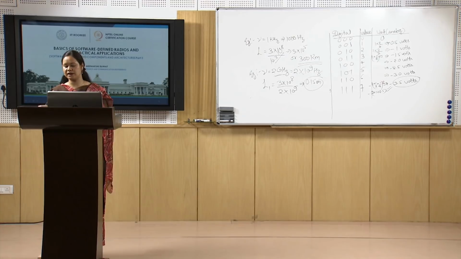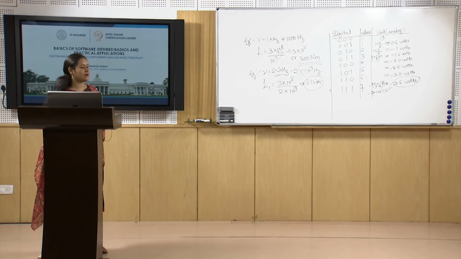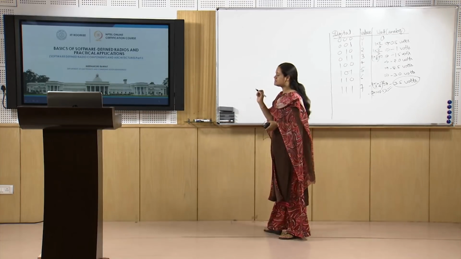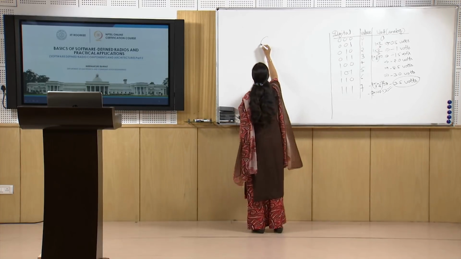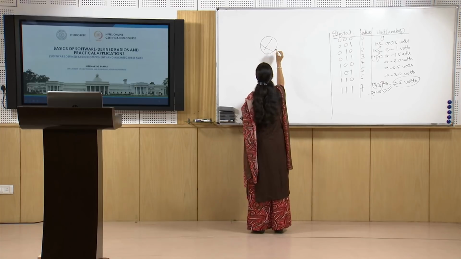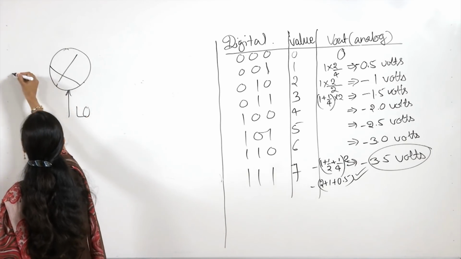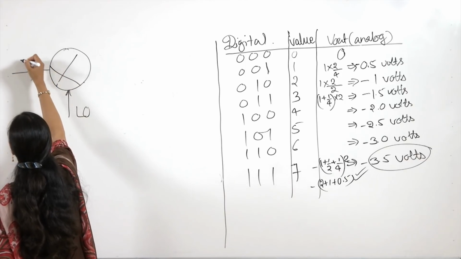Now how do we do that? So we normally do this by using a component called a mixer. A mixer is basically a nonlinear component. In this we provide a LO frequency, and this is the incoming signal.